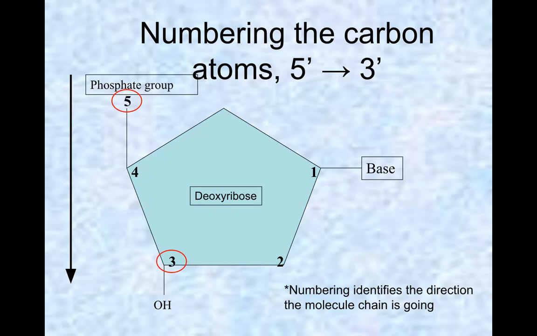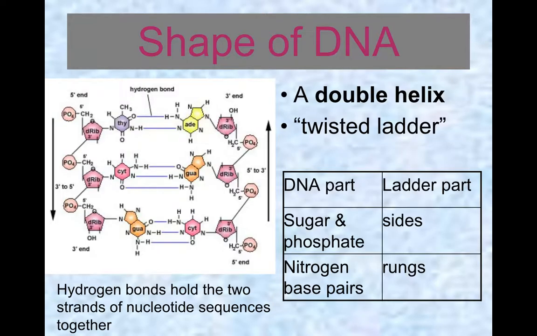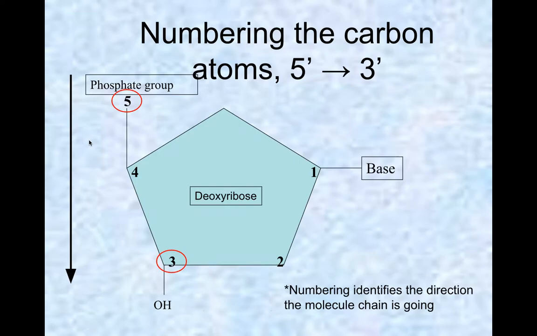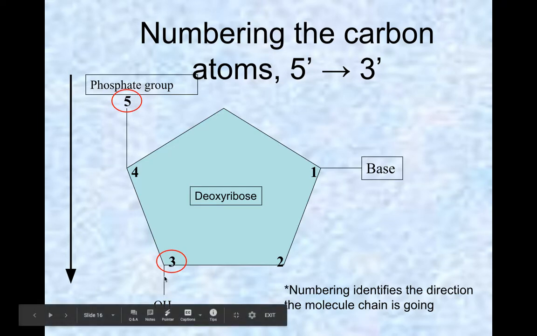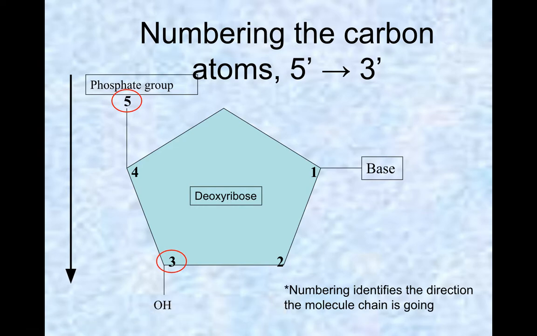Well, when you look at this orientation here, okay, this is the 5' carbon, and this down here is the 3' carbon. It's kind of a little north and south, right? So let's go back to this picture, right? It looks like this one is in the opposite place from this one. And so scientists looked at this and they said, well, that would help us determine the direction, right?